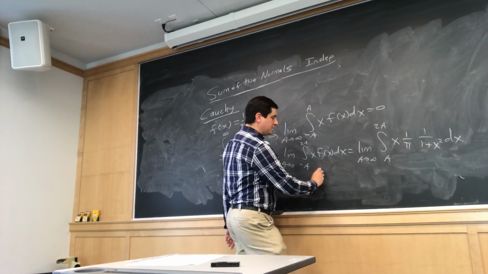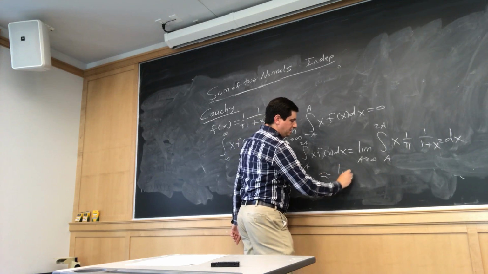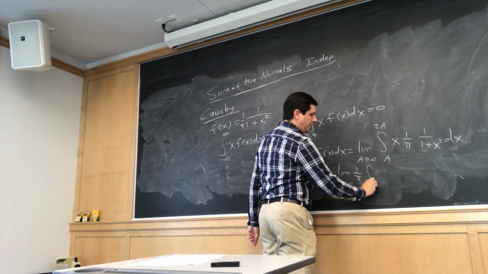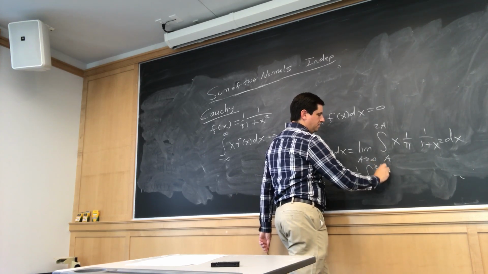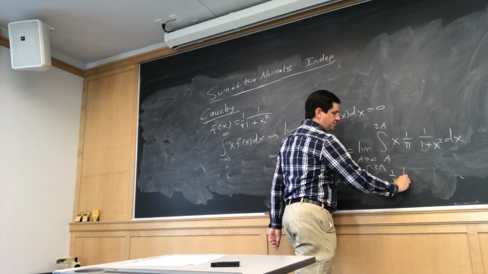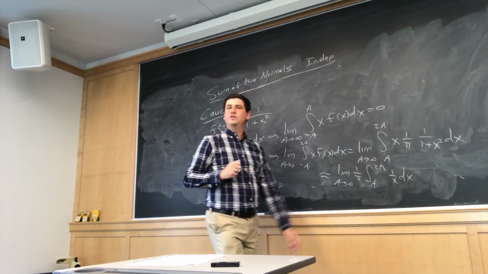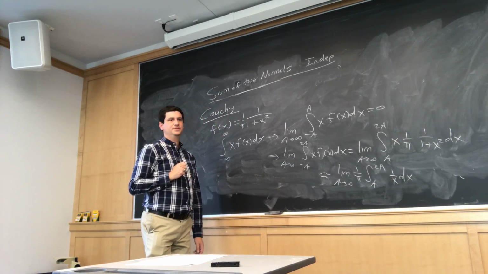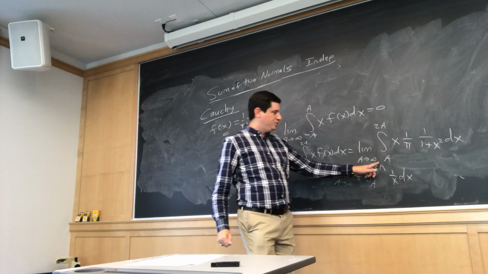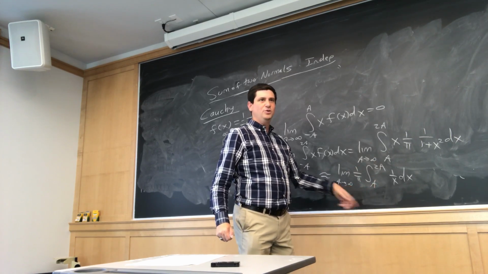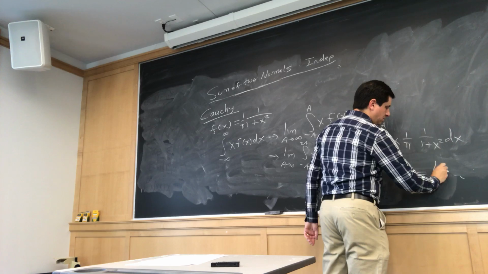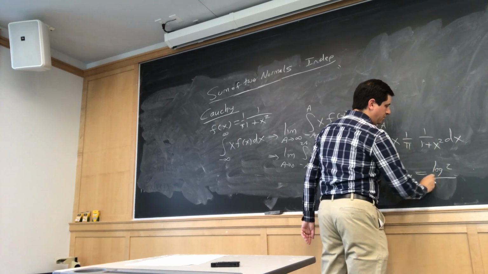So this is approximately the limit as a goes to infinity of 1 over pi times the integral from a to 2a of 1 over x dx. What function has derivative 1 over x? Log. So this becomes the log of 2a minus the log of a, which is the log of 2. So this is basically the log of 2 over pi.